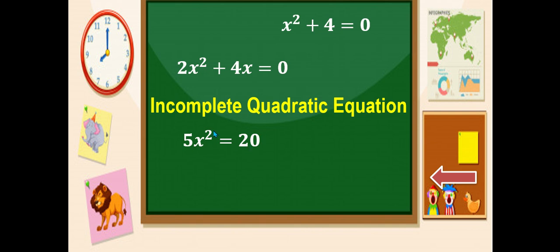Again, there is no linear term. We have the quadratic term and the constant term. And also, we have 3x squared equals negative 3x. Those are examples of incomplete quadratic equations. If b or c is missing, or both the linear and constant terms are missing, it is still a quadratic equation. So I guess it is clear to you now: what is the difference between incomplete and complete quadratic equations?